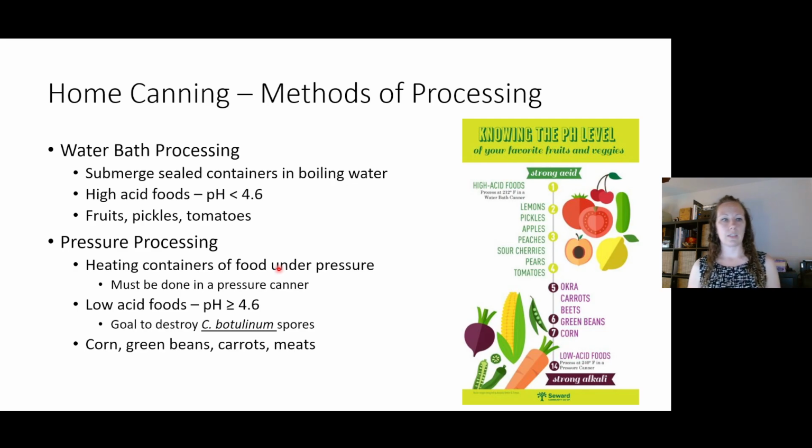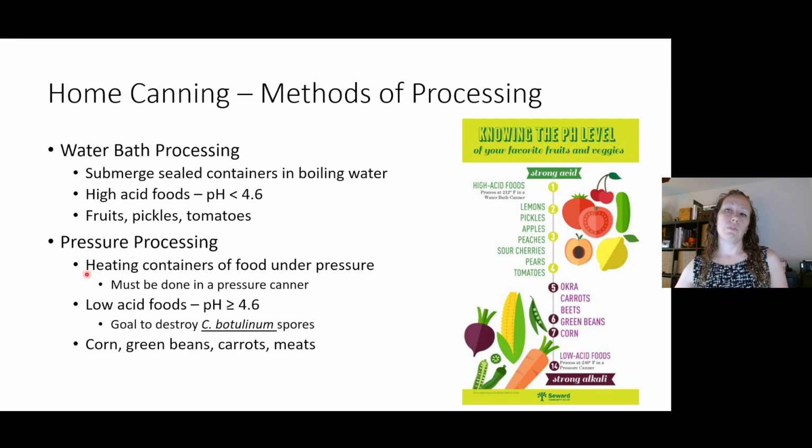So your high acid foods that are pH under 4.6, you are just going to be able to seal those containers in or submerge those sealed containers in boiling water. And so you just have them in the boiling water for a certain amount of time based on the food and the size of your jar, etc. And it's as easy as that. And so those high acid foods include things like fruits, pickles, tomatoes.